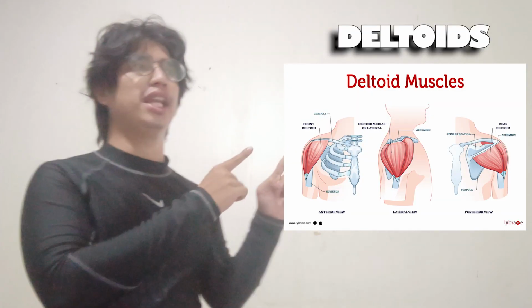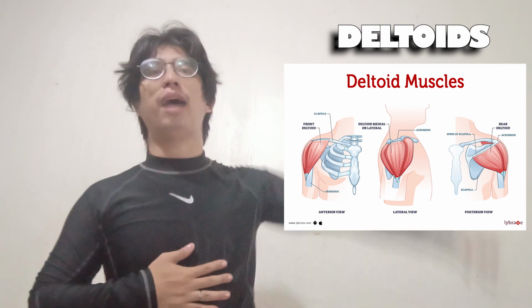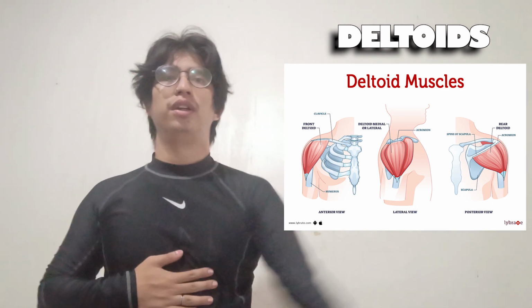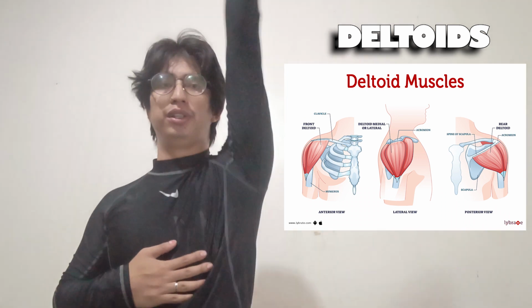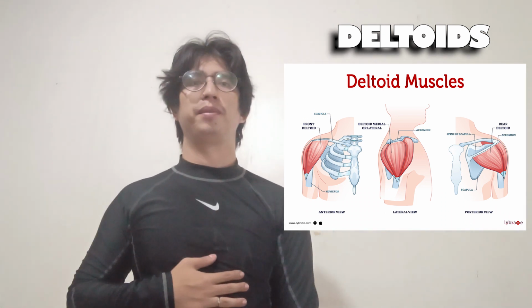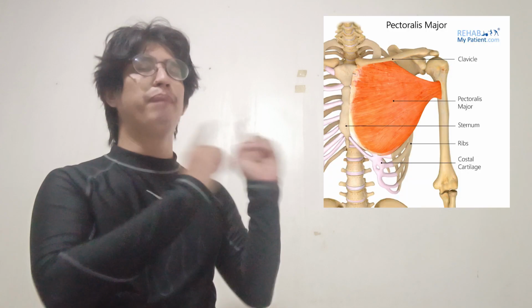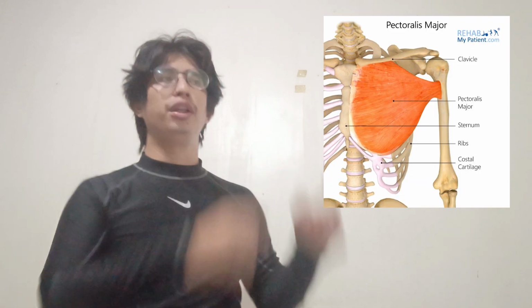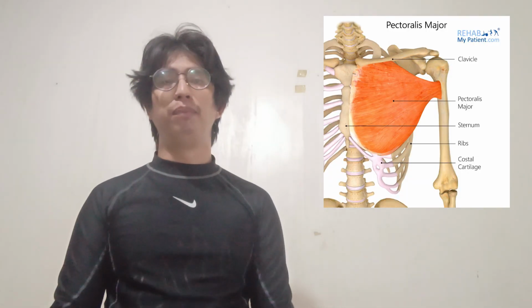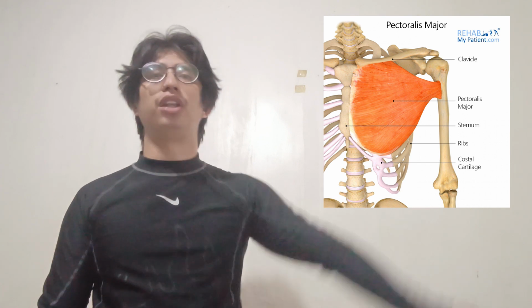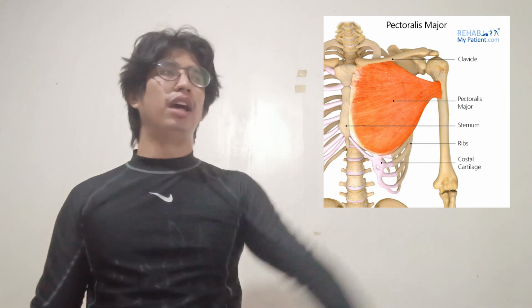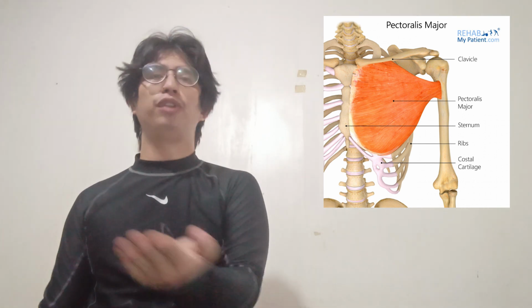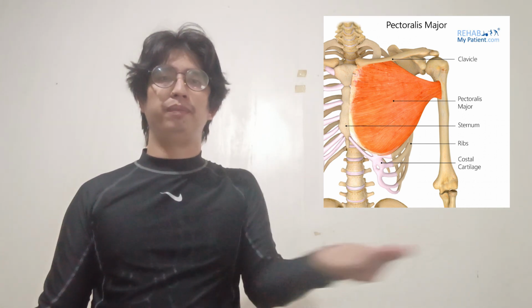Now we have the deltoids. The deltoids function for abduction and extension of our shoulder. Now we have the pectoralis major. The function of this muscle is for adduction, and we can also perform medial rotation of the arm, like this.